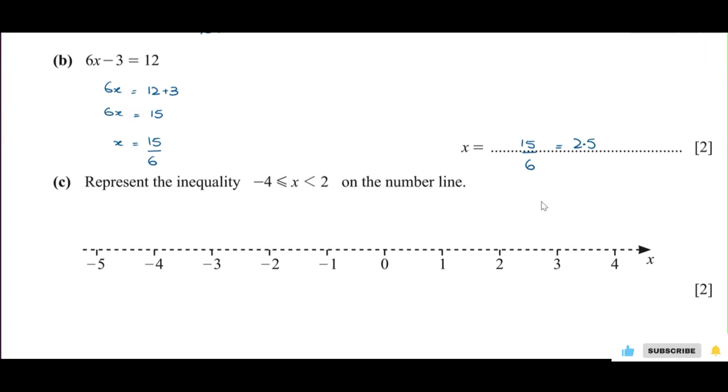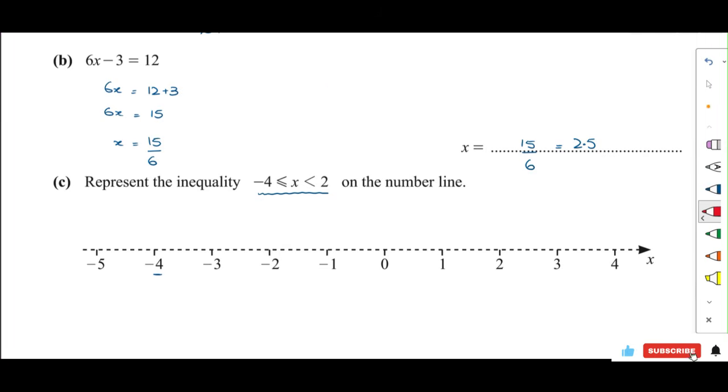Now for part C, represent the inequality on the number line. This is the inequality that starts from -4 and ends at 2. So we have -4 over here and 2 over here, right? But at -4 it is less than or equal, and at 2 it is just less than. So at 2 we have an open circle, and at -4 it is a filled circle.